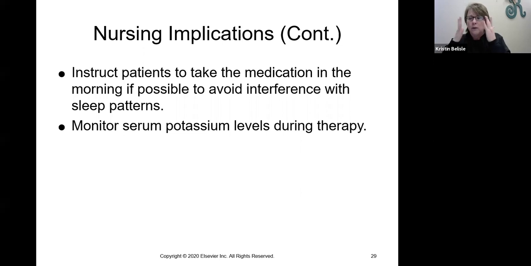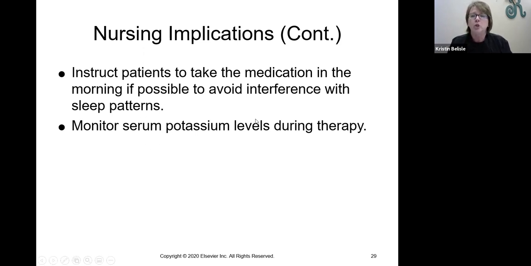It's dark, they can be confused. Even myself, I struggle in the night getting up sometimes. I can trip over stuff. You want people to get rest. They need to sleep when it's time to sleep. So take your diuretic in the morning, urinate, let it do its thing all day long, and then hopefully by the time it's time to go to bed, you're done with that. You can sleep and rest and not have to get up multiple times through the night.